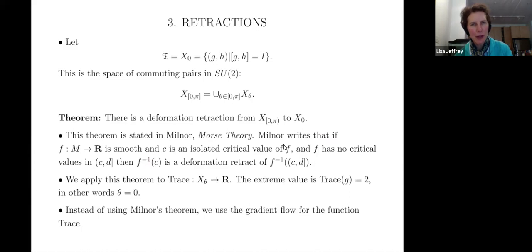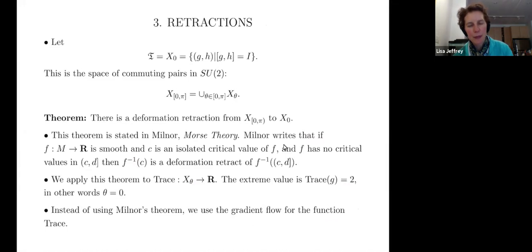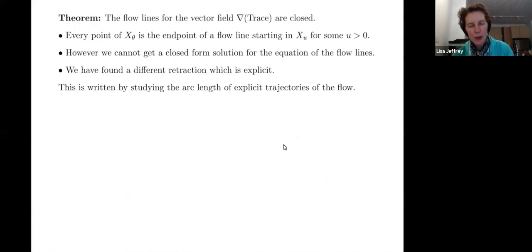We applied this theorem to the trace from X theta to the real numbers. We're really using the gradient flow for the trace function, the trace of the commutator map. So we find that the flow lines for the gradient of the trace are closed.